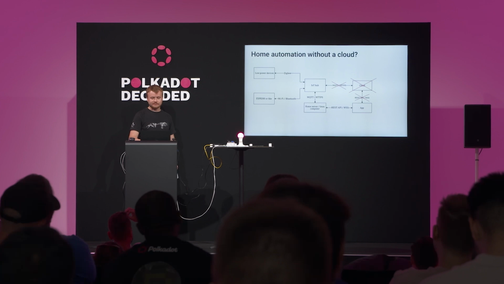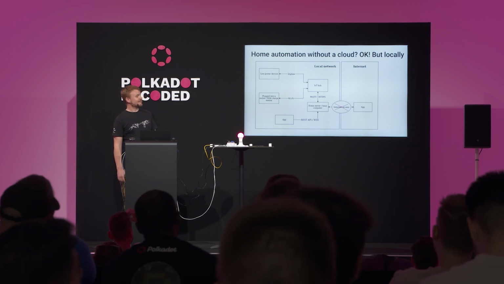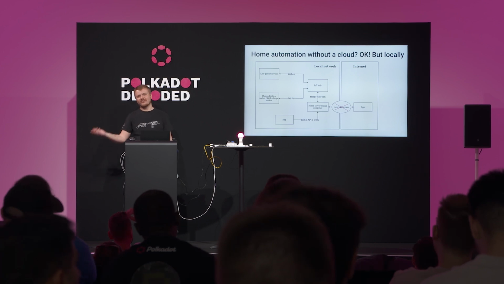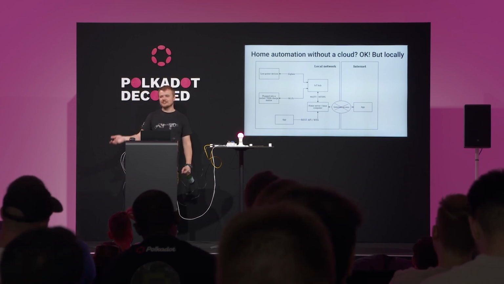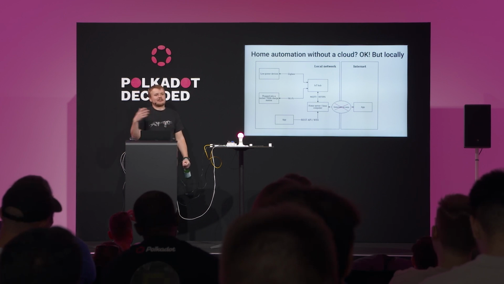Yeah, but let's try to make this diagram more complex. The main problem you will have after you think about the cloud connection is not security, where you can have big privacy issues.